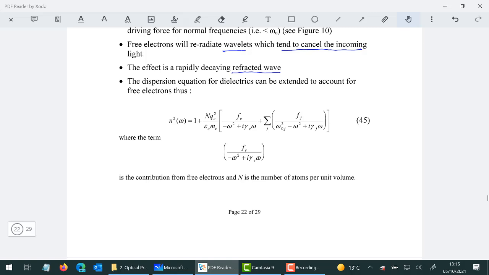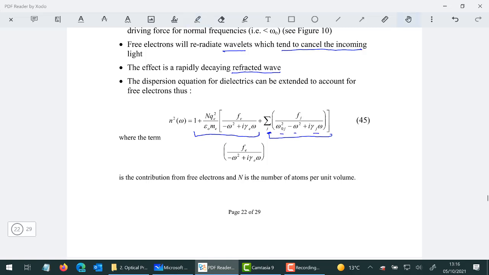The dispersion equation for metals: we can extend the model that we had already for the insulators, where we have this expression here, the sum over all the bound electrons, which depends on the resonance frequencies, the driving frequency, and the damping term.